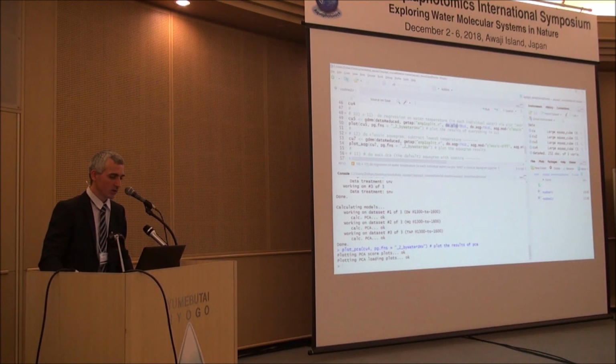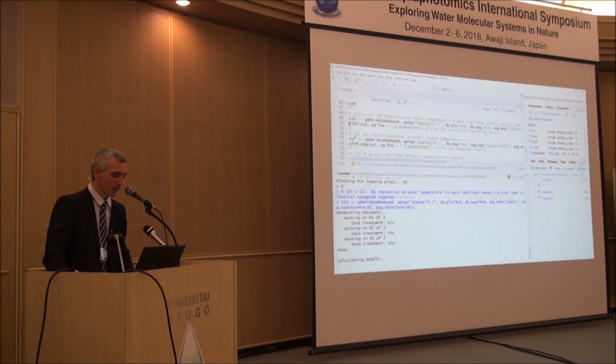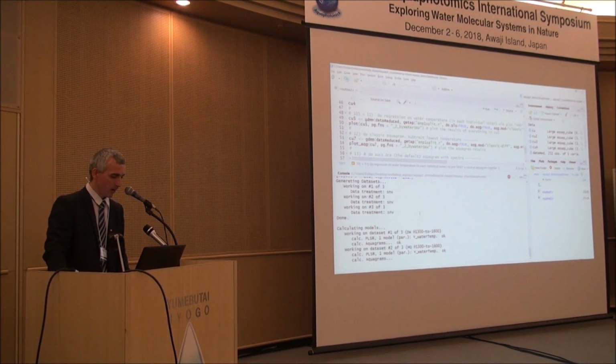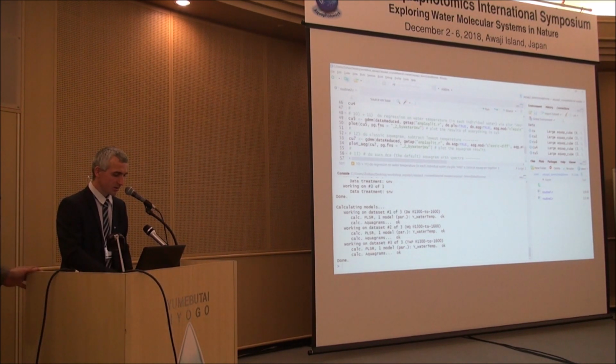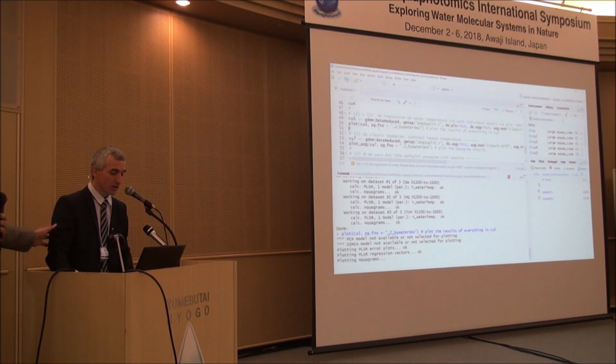we just say we want PLS, do PLS equal true, and also if we want aquagram, we set it true. So you don't even need to run many lines. In one line, you can define what type of analysis you want to perform, and then it will go through. In this case, with the first overtone, using separate data sets for the individual waters, we did PLSR and aquagram calculations for all these 3 sets of spectra.